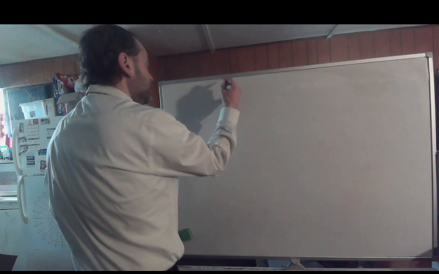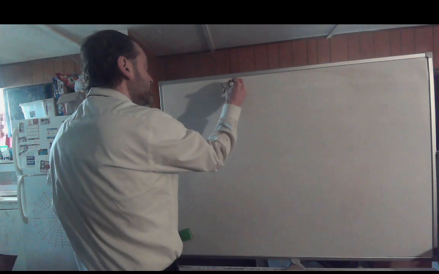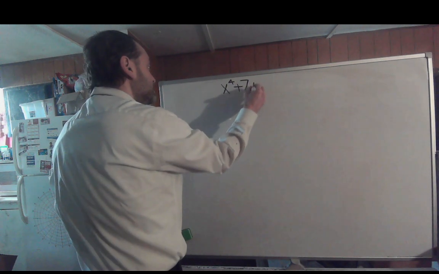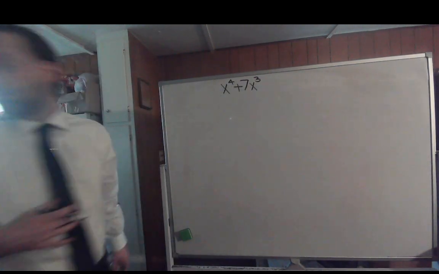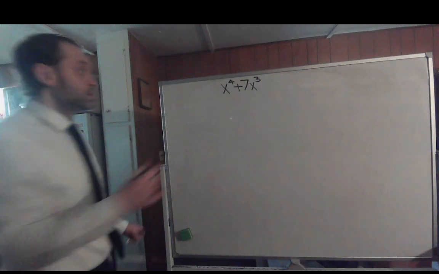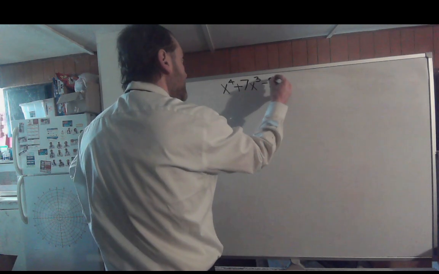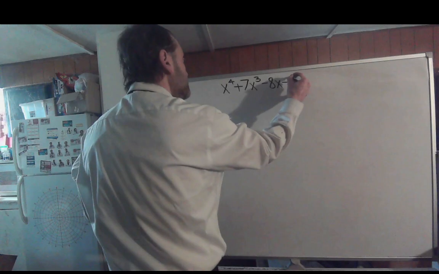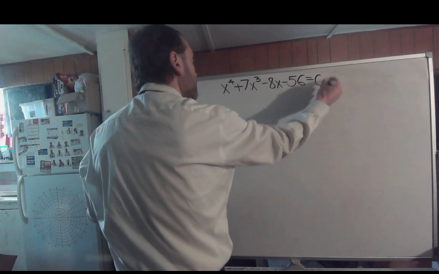Let's see. x to the 4th plus 7x to the 3rd minus 8x minus 56 is equal to 0.